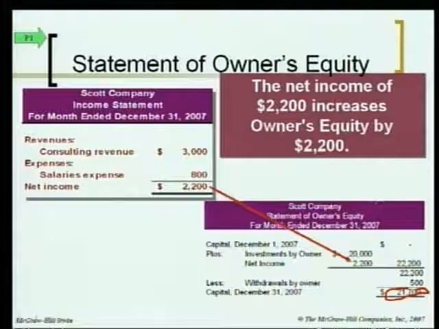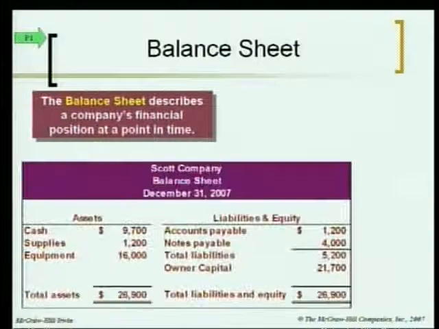So you have to prepare these in a certain order. The ending balance of capital is 21.7. And sure enough, we're going to take that over to the third financial statement, which is the balance sheet. Now, we call this the balance sheet because it shows us that the accounting equation is in balance, namely that assets equals liabilities plus equity.